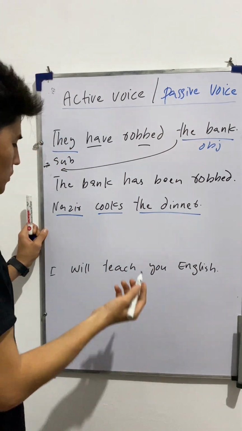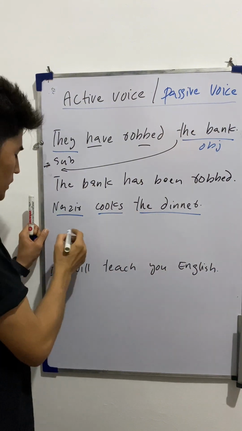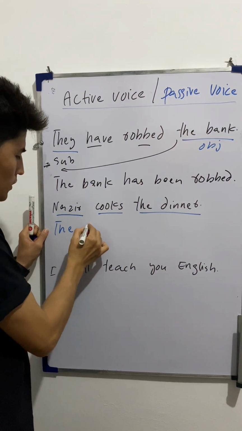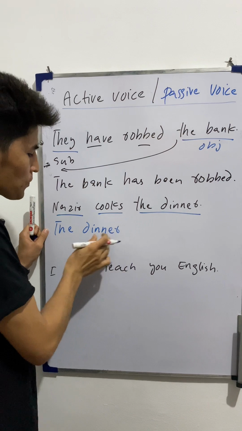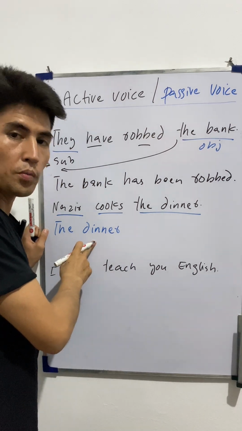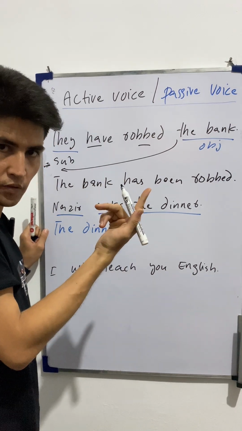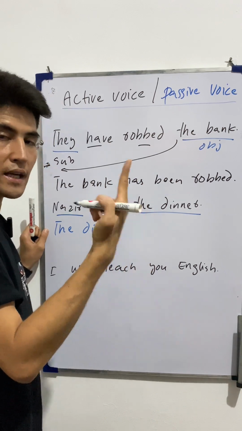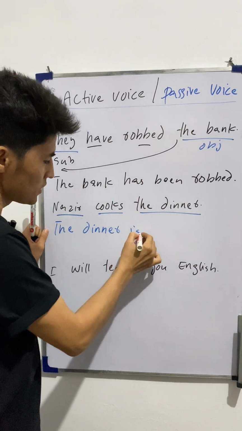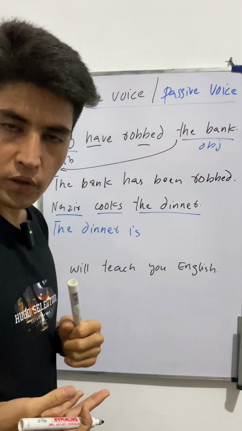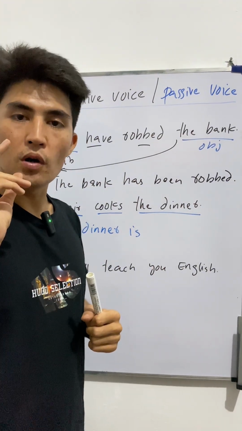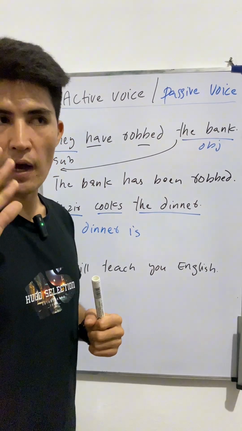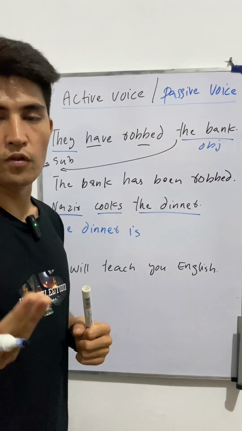So, what will you do? First of all, you will bring the object here. The dinner. Okay, now, is the dinner a singular noun or a plural noun? اسم مفرده. So you have to say the dinner is. Okay, the dinner is. Now, as I told you, you have to use the past participle, or the V3 or the third form of the verb.